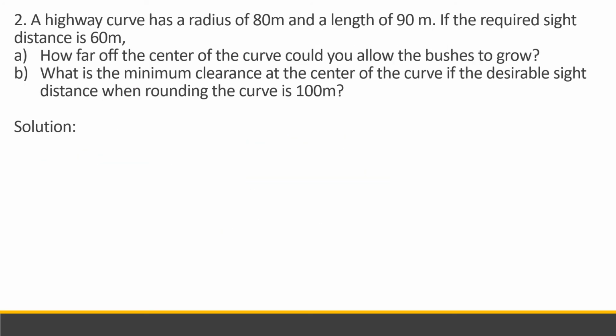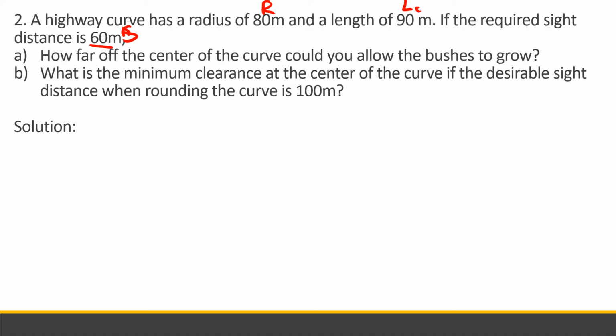So second example, a highway curve has a radius of 80 meters and a length of 90 meters. So this is R and this is the length of curve. If the required sight distance is 60 meters S, how far off the center of the curve could you allow the bushes to grow?